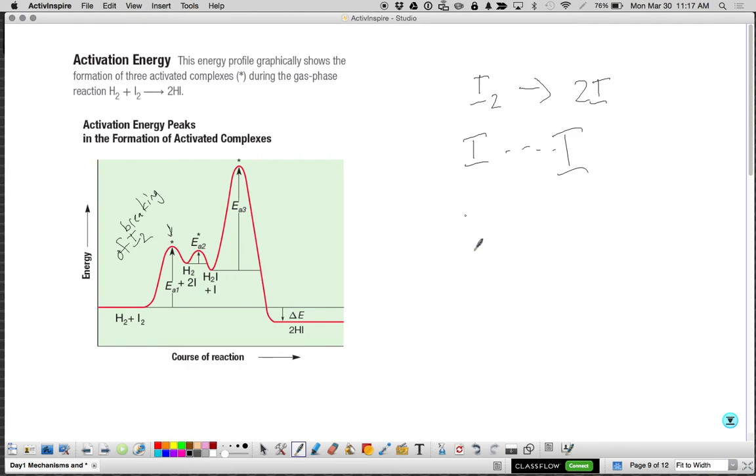Where the molecules, energy is being put in to start breaking the molecules apart. Now the next step is going to be an I plus H2 becomes H2I.